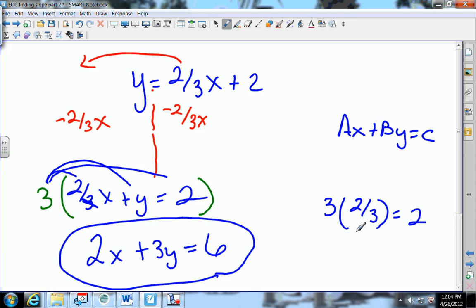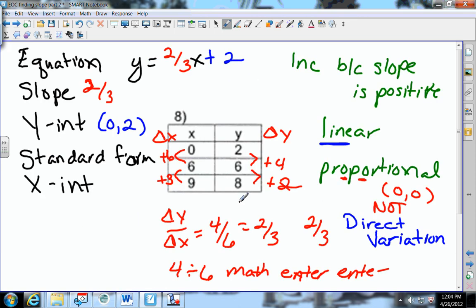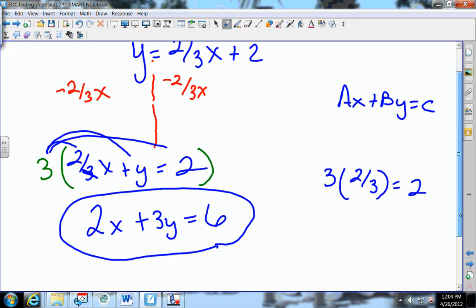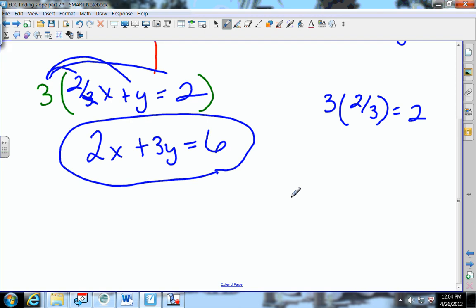Okay, so I'm going to go back here. I've got standard form. What was it? 2x plus 3y equals 6. I'm going to go back over here because here's the other thing. This is standard form. The other thing it asked us to find was the X-intercept. When I have an X-intercept, my Y number is 0.